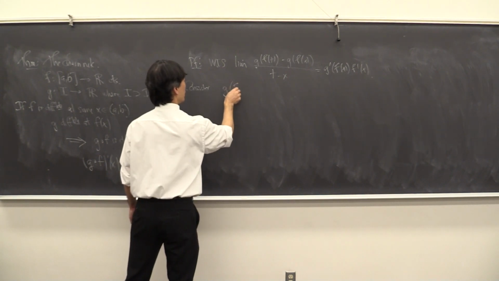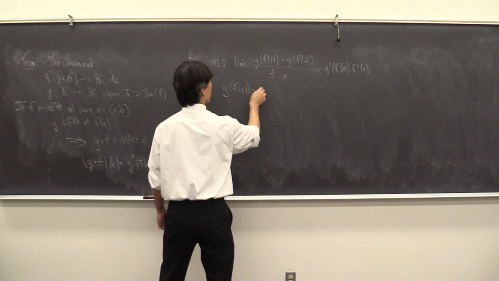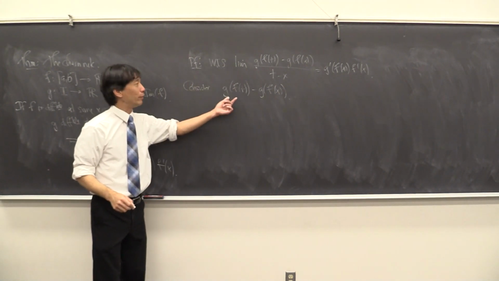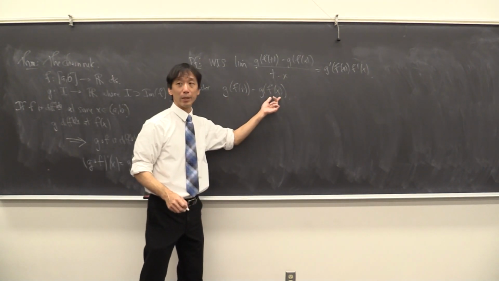Okay, so let's just consider the numerator here: g of f of t minus g of f of x.